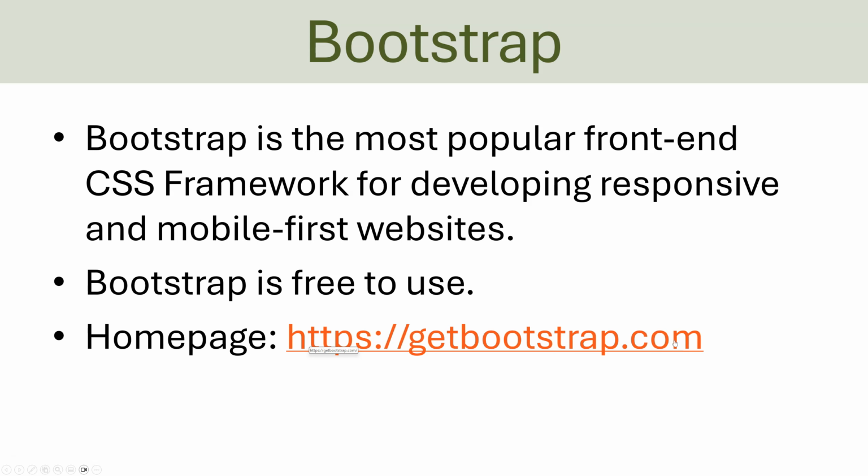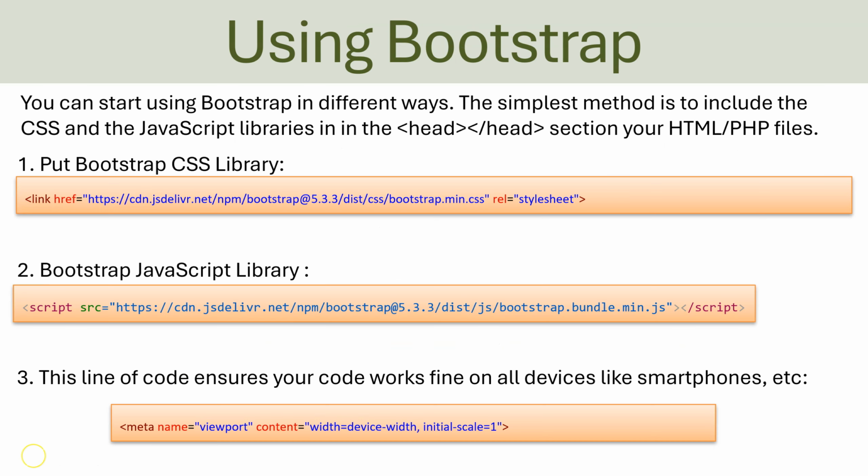But we will go through some basic examples. So in order to start using Bootstrap in your HTML web applications, you need to include some libraries. In the head section of your HTML file, you can include either one or two of those.